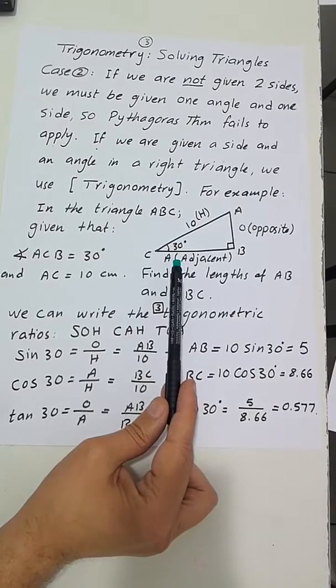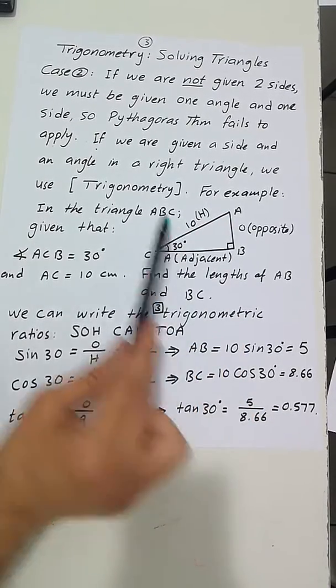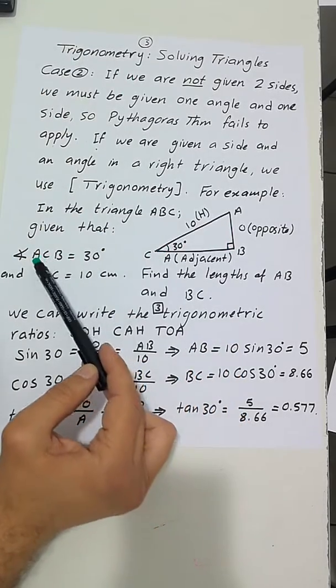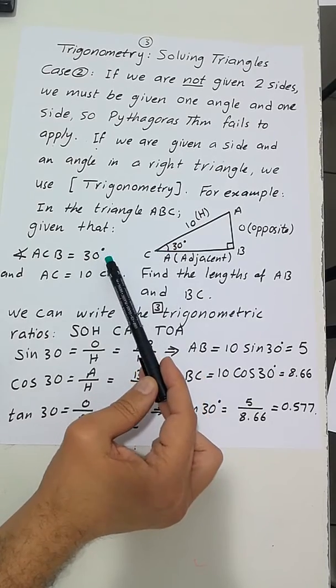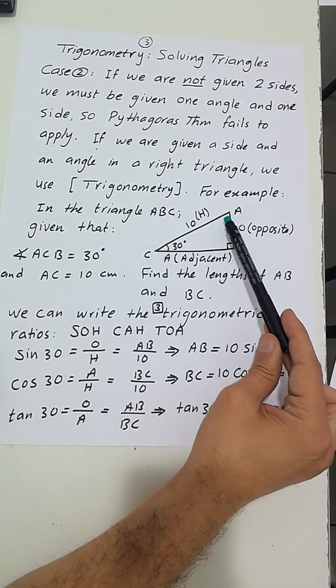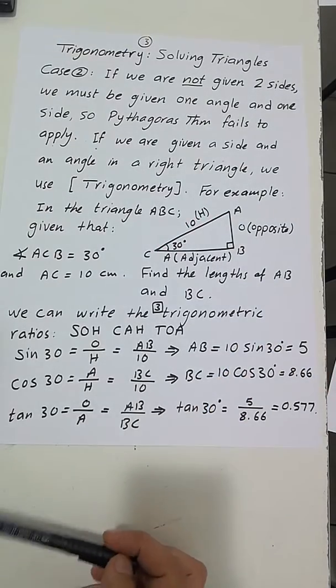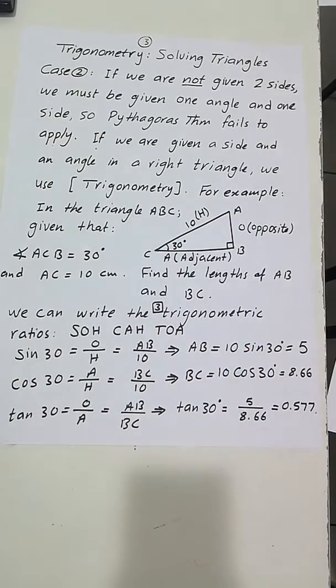In this question, we are given the angle ACB, which is 30 degrees, and the length of the side AC, which is 10 centimeters. Find the lengths of the sides AB and BC.